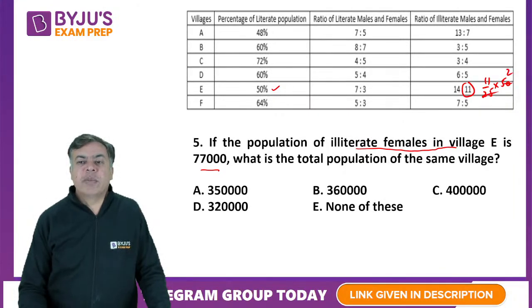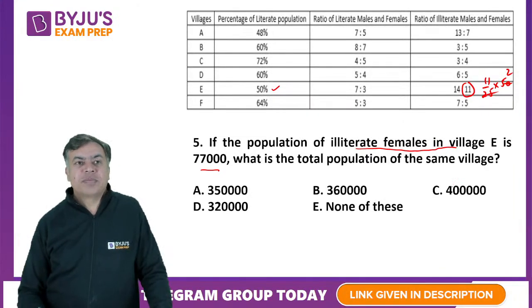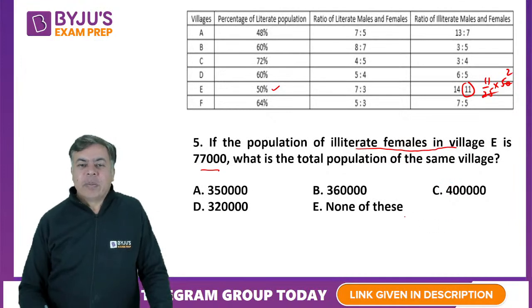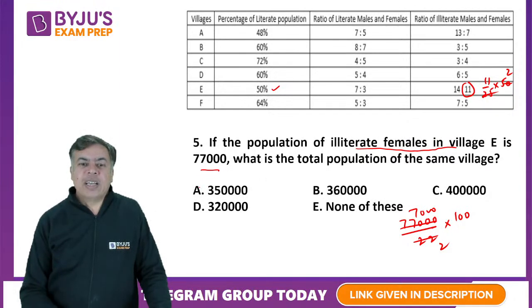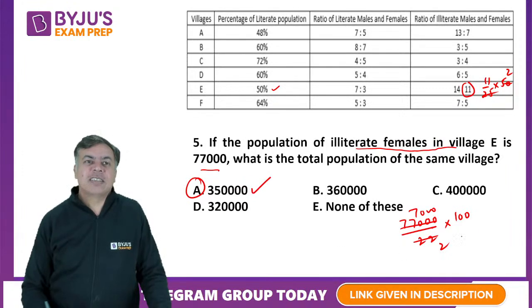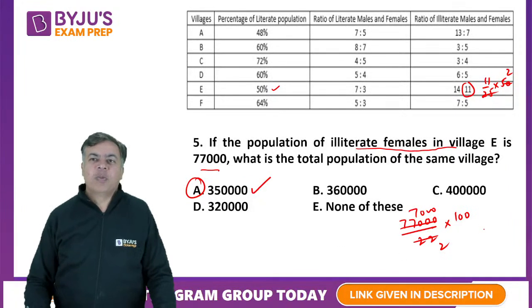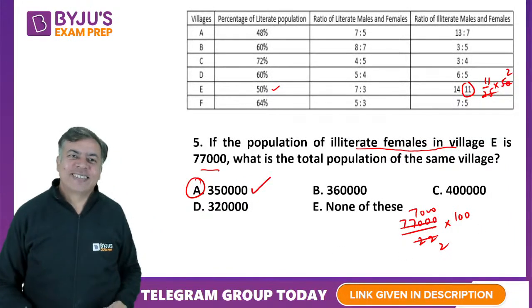So it is nothing but 22% of the total. This is easy because he is just asking that 77,000 is 22%. So what is 100%? It is 11 into 2, 11 into 7, and it will be 35. So I think this is the easiest calculation of all the questions.